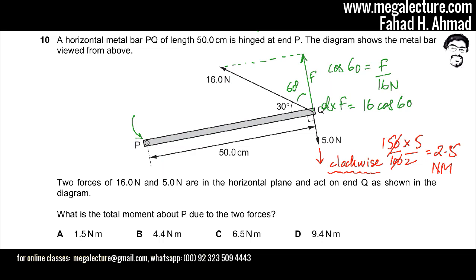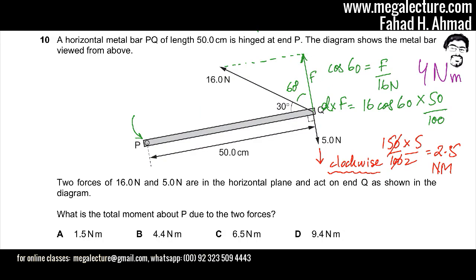So I'm going to multiply it by D, which is this distance over here. So perpendicular force into the distance from the pivot, which is 50 centimeters, which should be converted into meters. So it's basically 50 divided by 100. And the answer for this comes out to be 4 Newton meters. But remember, this is going to move the ruler in an anti-clockwise fashion.